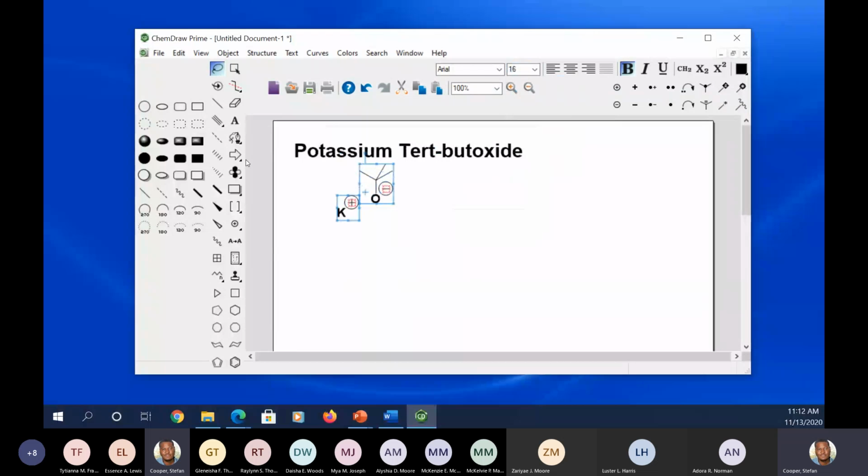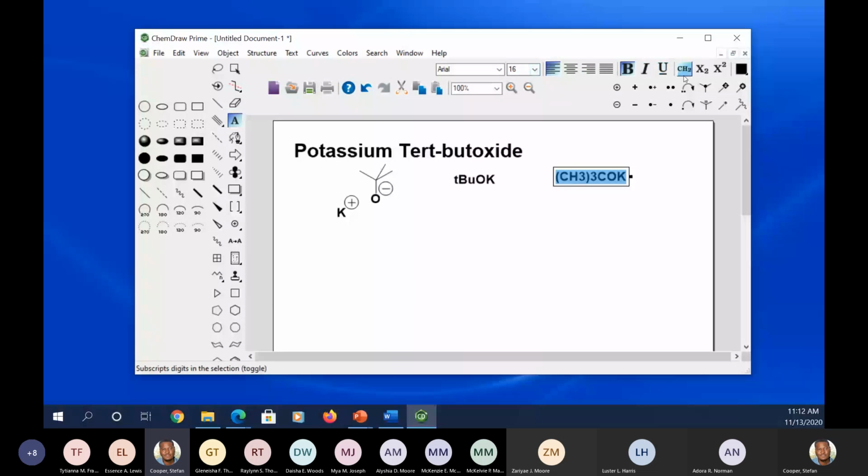All right, typically, most people will just write tBuOK. Some people also write it as just (CH3)3COK as well. All right, all these describe the same thing.